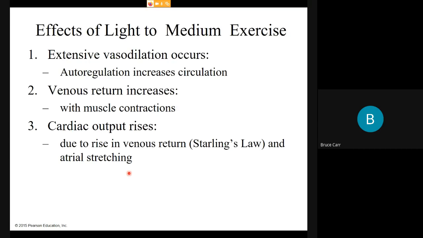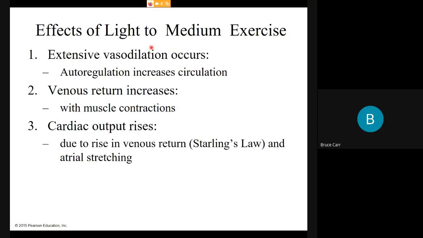So to begin with exercise, we realize that we have a tremendous range of muscular exertion. And so we have to have a range of cardiovascular performance that matches that. At rest, we are working on the very lowest output of our cardiovascular system. So what happens when we go from at rest to light or medium exercise? Now, I want to put in a qualifier here.